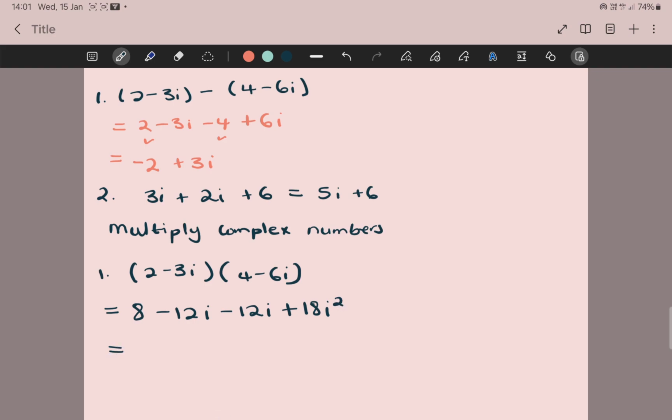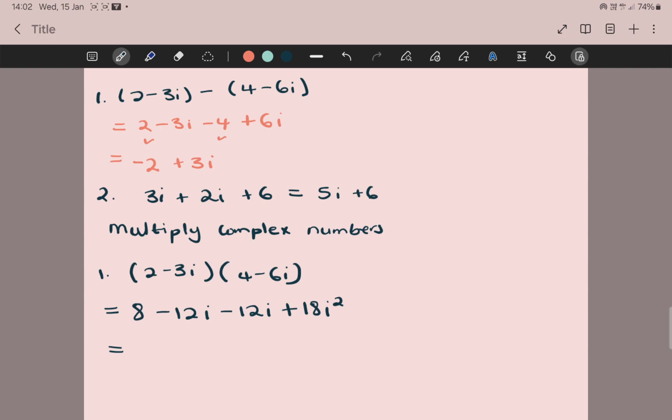Okay, before I add and subtract any like terms, I have an i squared there. If I'm simplifying, I don't want any i squares. I don't want any i's over the power of 1. So what is i squared?